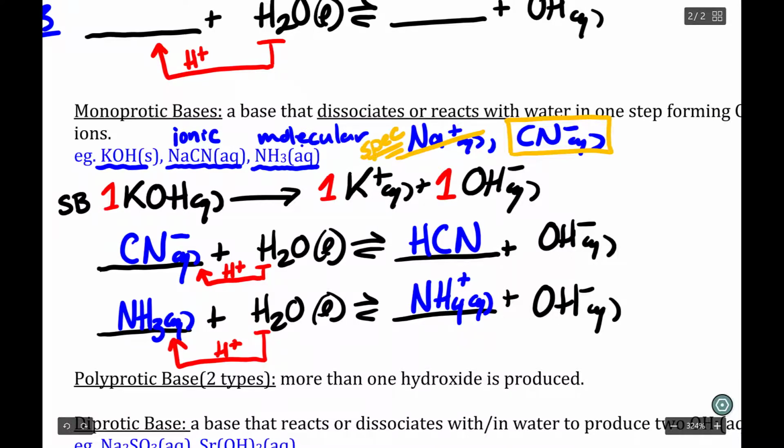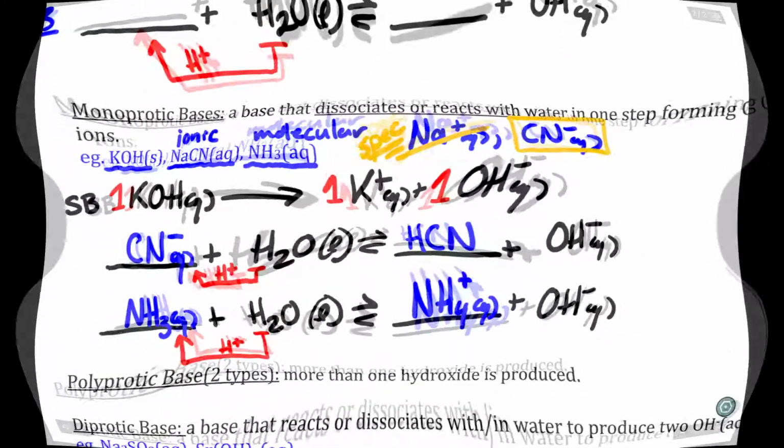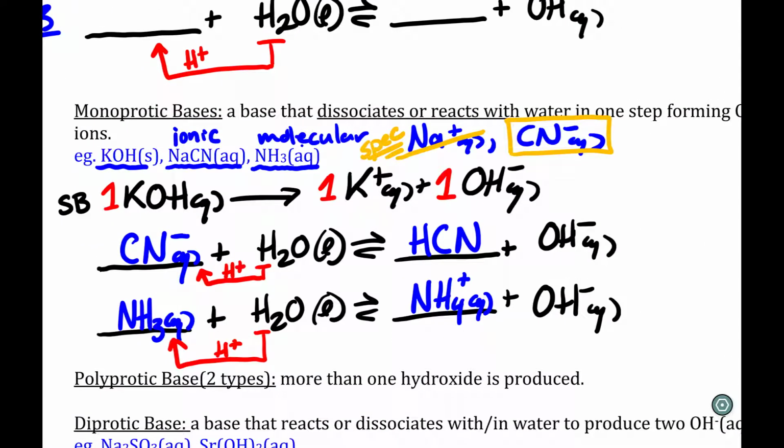In both examples, the original species, when it converted over to its conjugate acid, because this is the acid that it's formed from the base, is going to be one more positive. So this is -1 to 0, and 0 to +1.